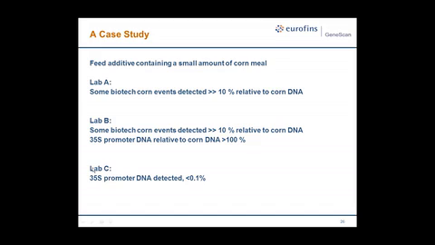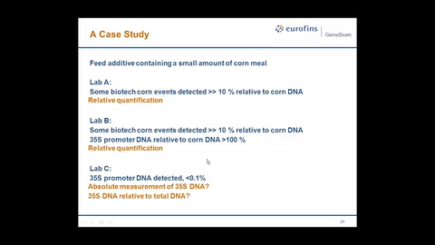But wait, we have this other lab that's saying they're testing 35S, which is exactly what lab B tested, and it's saying less than 0.1. So what we're really looking at here is a question of calibration.